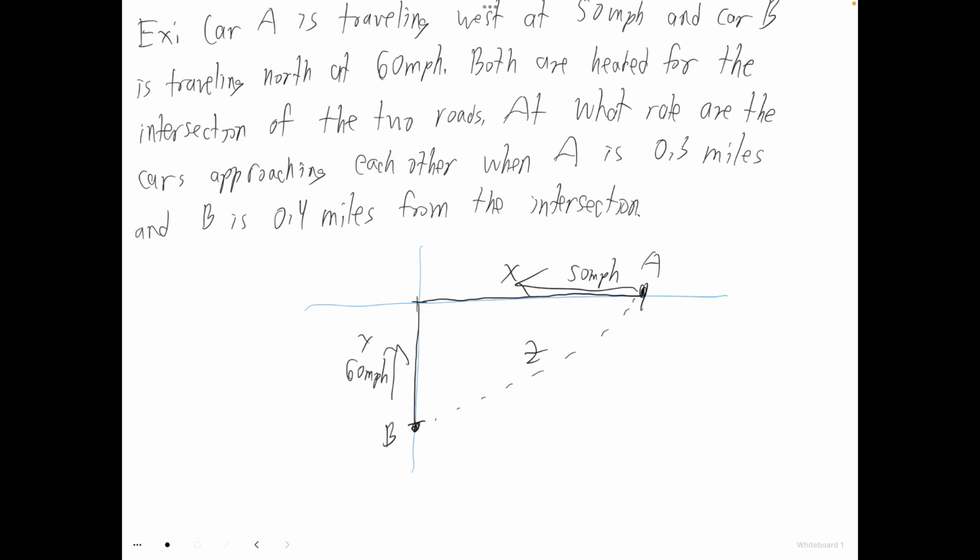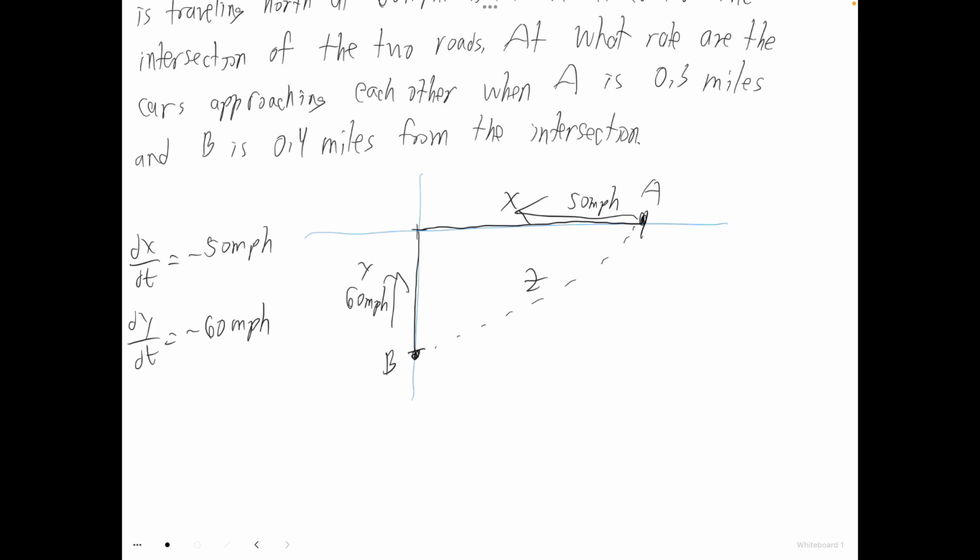So that means dx over dt is going to be negative 50 miles per hour, and dy over dt is going to be negative 60 miles per hour. This makes sense because x and y are getting smaller. Even though the speed of the cars is positive, the direction gives us the negative sign. And we care about this when x is 0.3 miles and y is 0.4 miles.